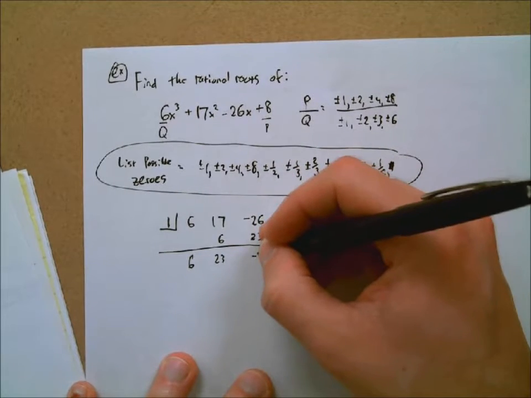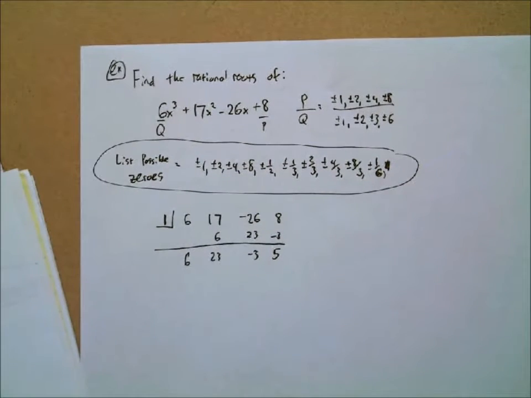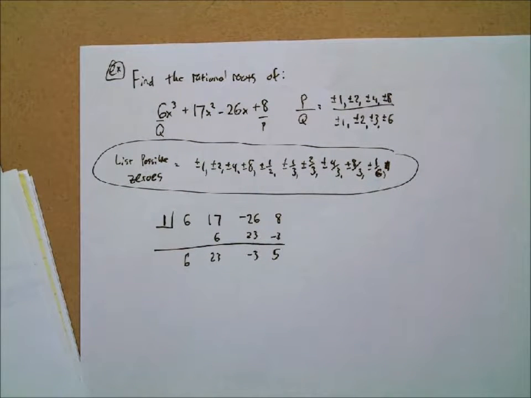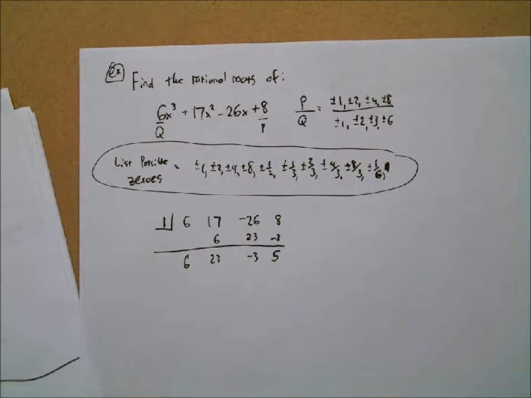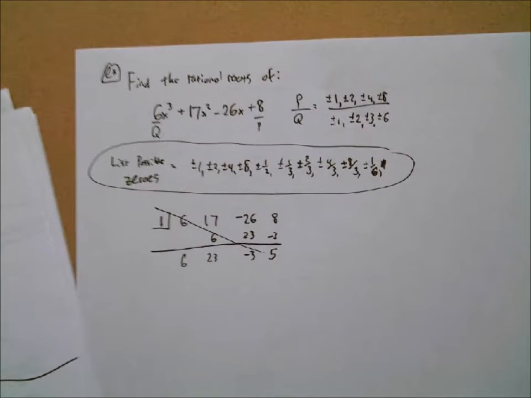Negative 3 times 1 is negative 3, and that gives us, oh man, I chose poorly. All right. That's not very good. So 1 is not a zero.